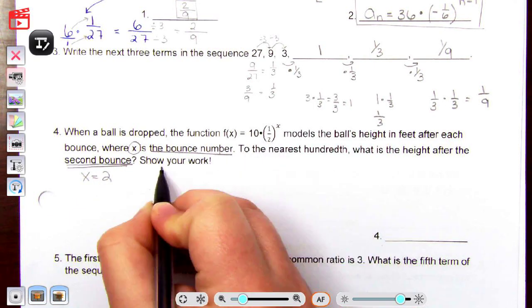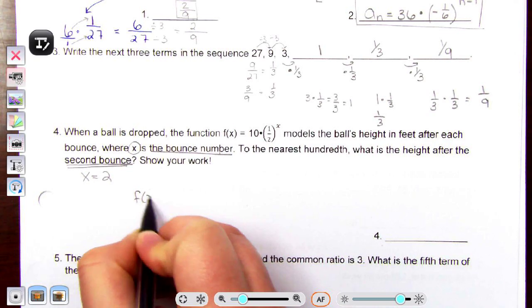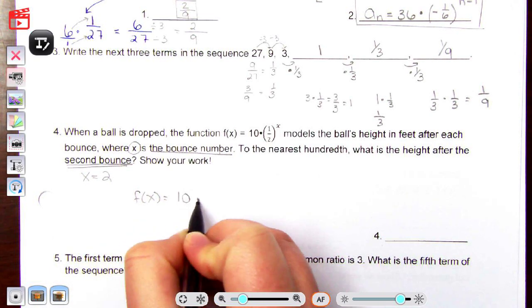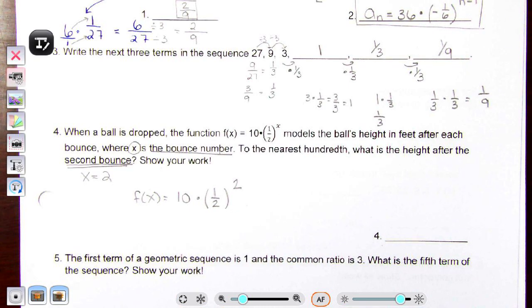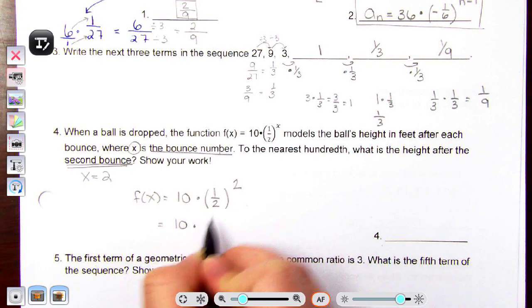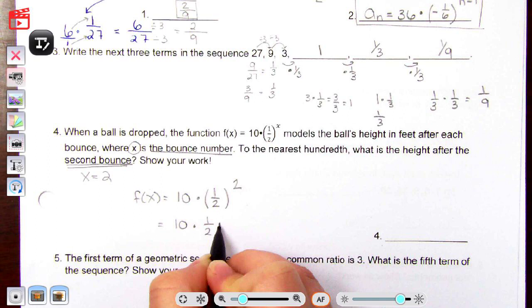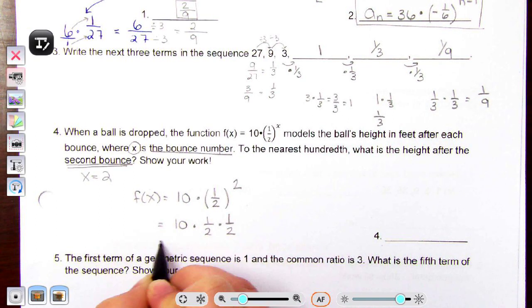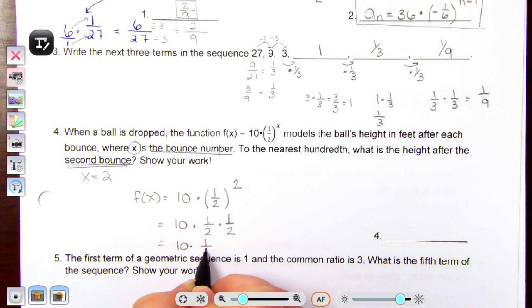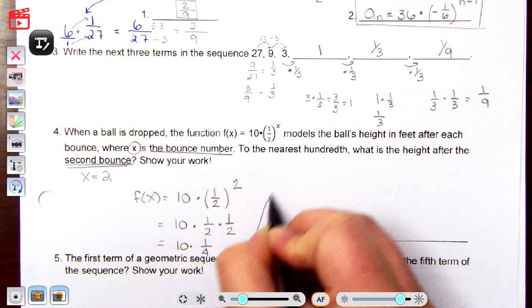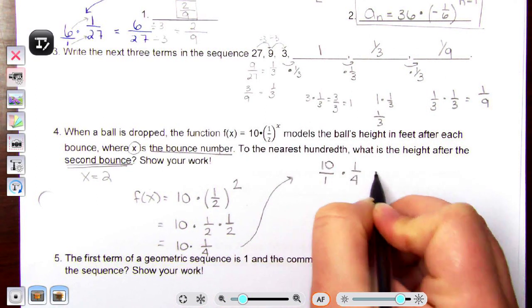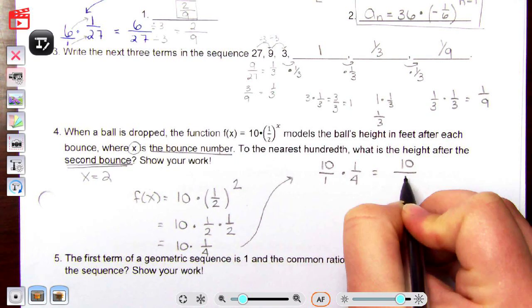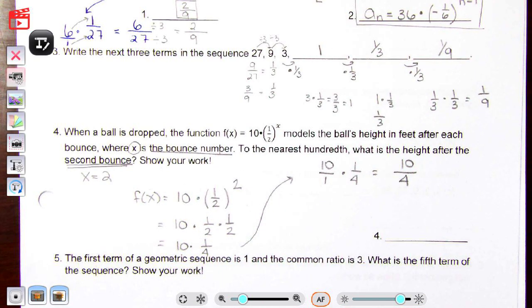So show your work. We have f of x is equal to 10 times 1/2 to the second power. Again, what this means is 10 times 1/2 twice. So this is 10 times 1/4. I'm going to make 10 into a fraction, so I have 10 divided by 4.